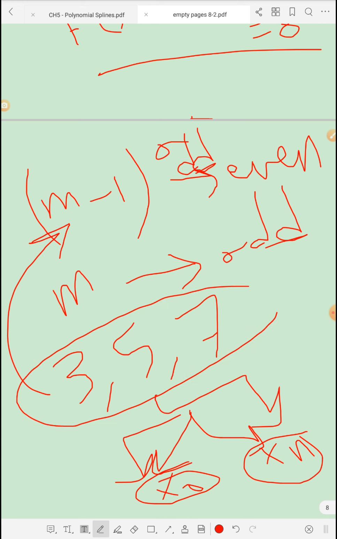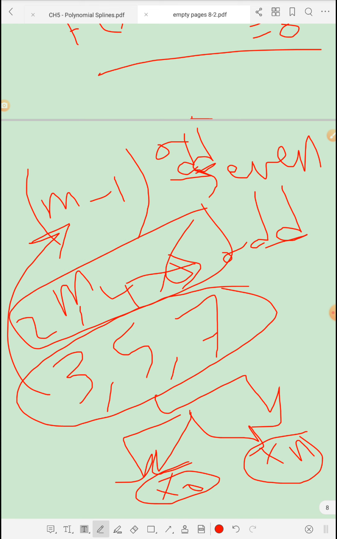We prefer to have symmetrical conditions distributed among x0 and xn, and this is why we prefer using third, fifth, or seventh order polynomial spline orders instead of second, fourth, and sixth order splines. In the odd case of the splines, the m minus 1 conditions that we add are distributed equally between x0 and xn. While if the polynomial order is even, 2, 4, 6, then we might distribute them not equally.